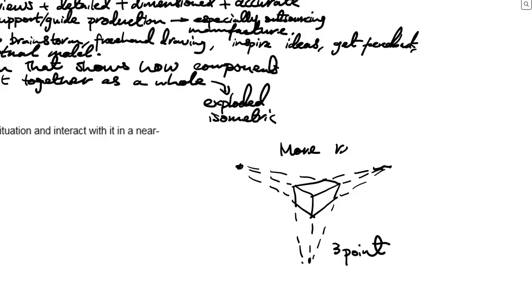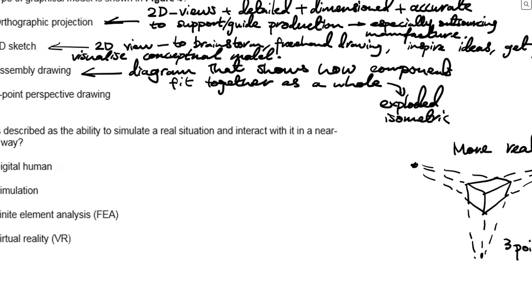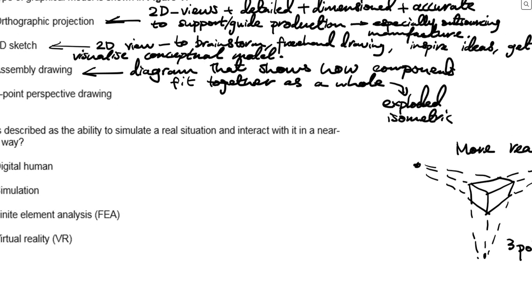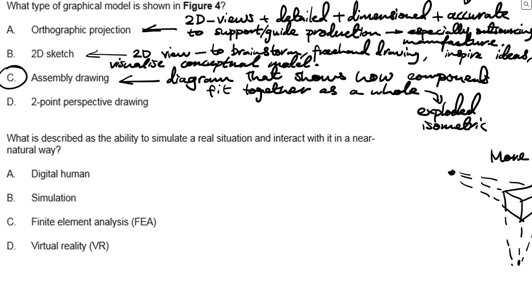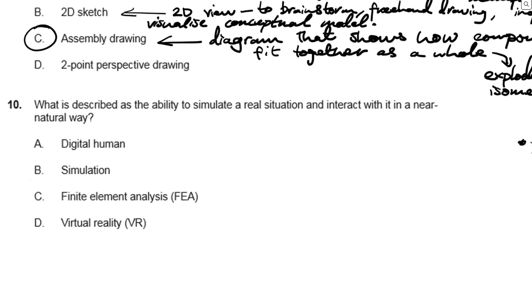So this gives us a more realistic view, as if it was viewed by a person, right? When we see things, we are seeing things from an angle. We're not seeing them exactly with an isometric point of view. There's a bending of light, let's say.